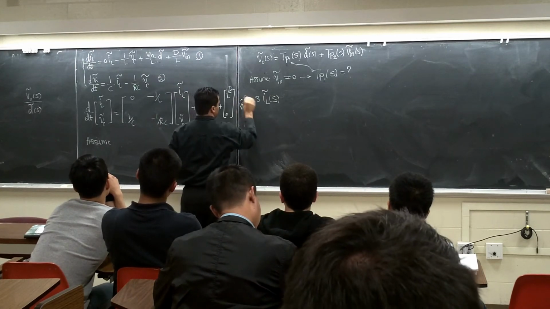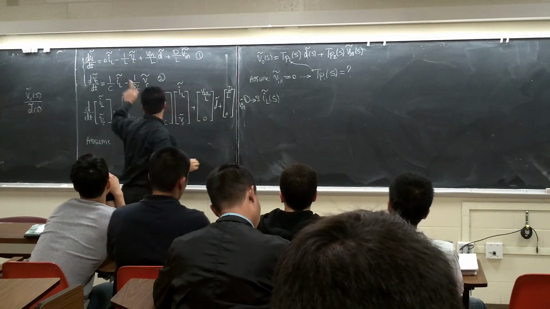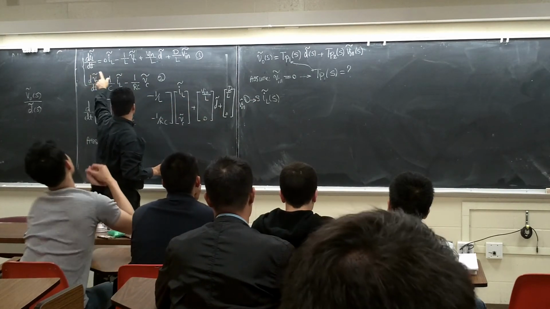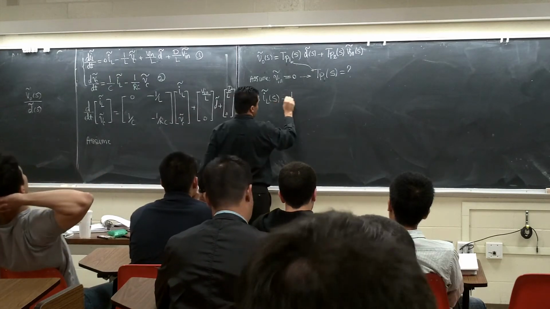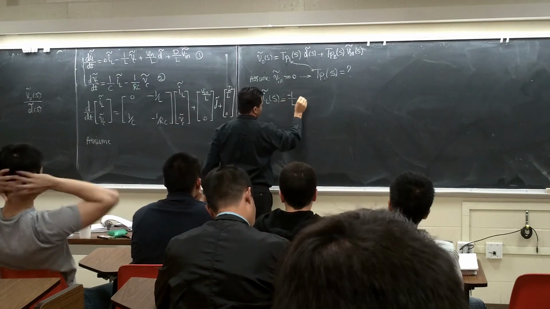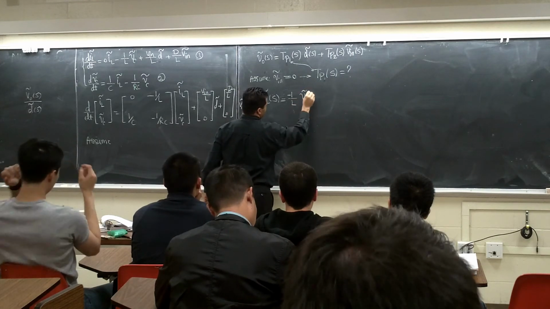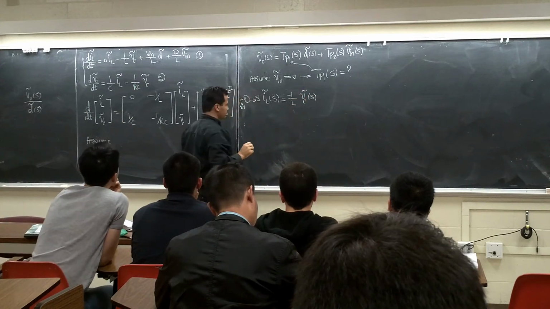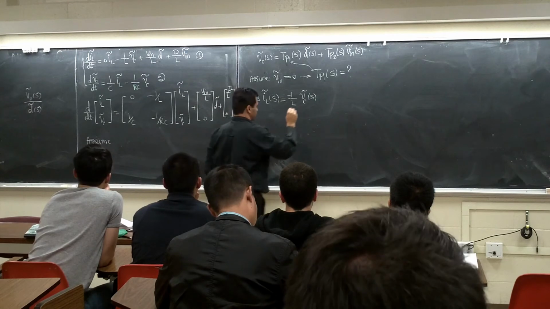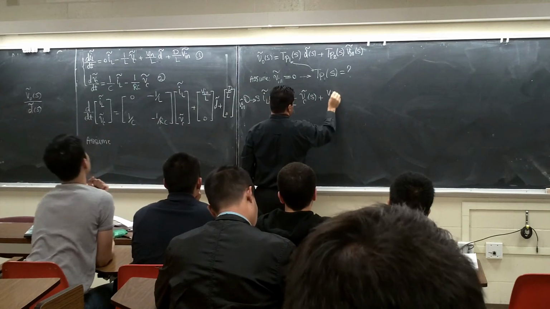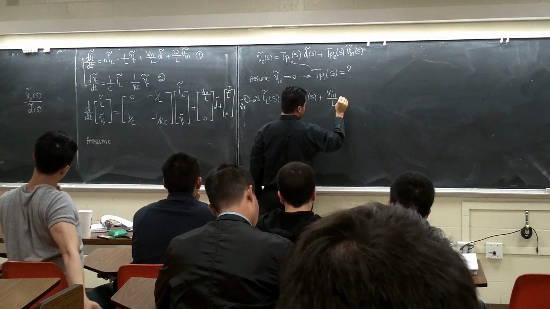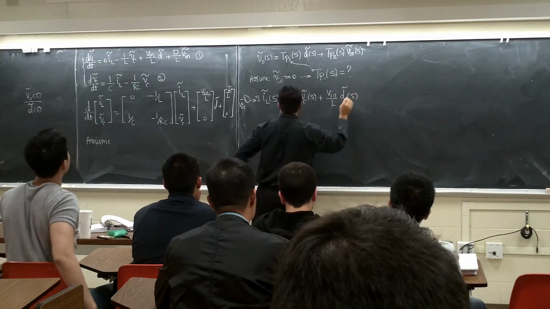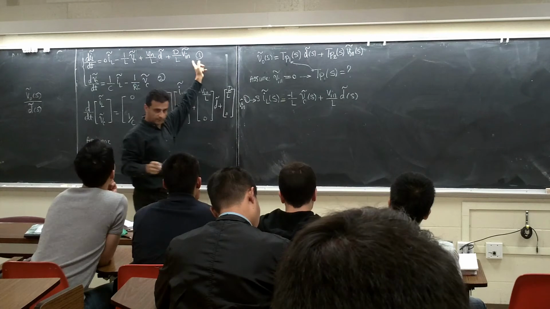Number 1 says s iL tilde(s) is equal to minus 1 over L vC tilde(s), plus Vin over L d tilde(s). There is no Vin tilde anymore, right?